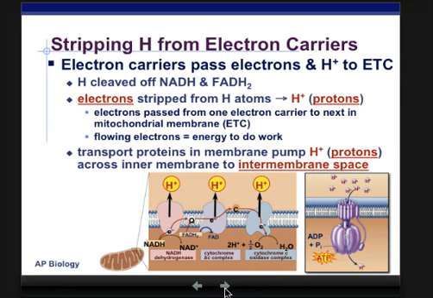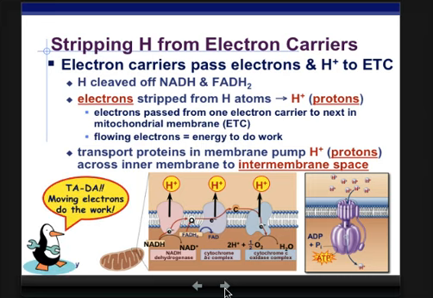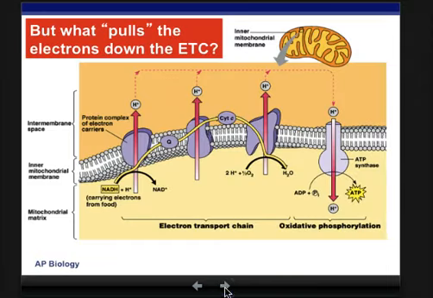All right, there's that ATP. Ta-da! Moving electrons do all the work. All right, but what pulls the electrons down the transport chain? How are they pulling along here?